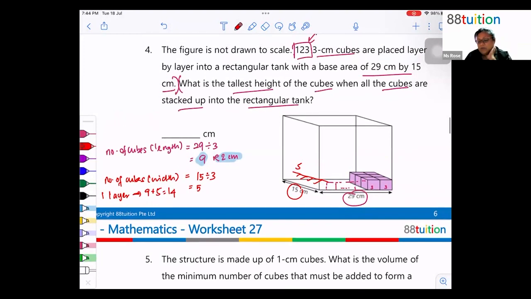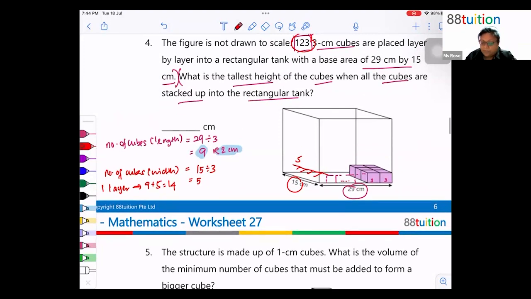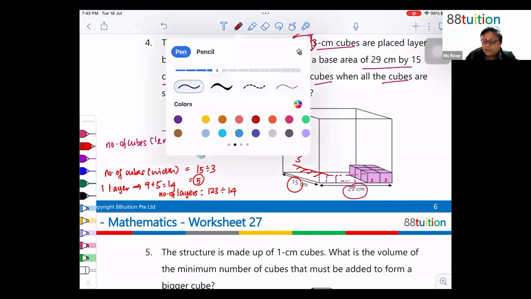I want to find how many layers there would be to form 123 cubes. So we find the number of layers. The number of layers would be 123 divided by 14.